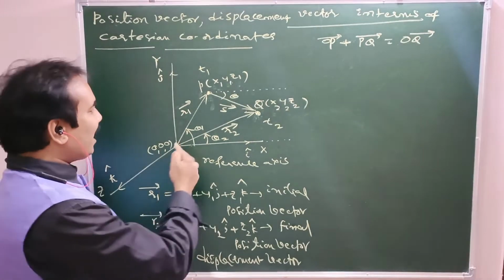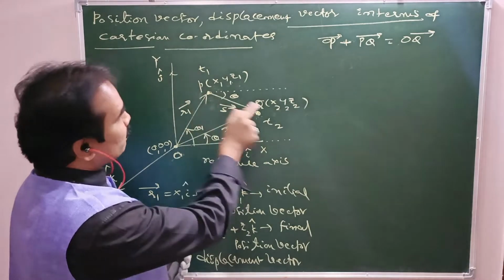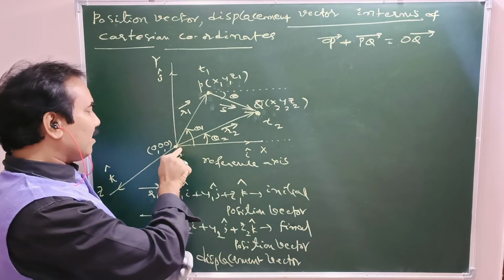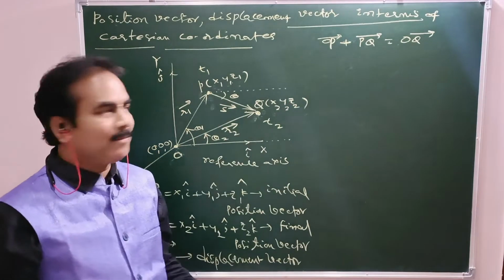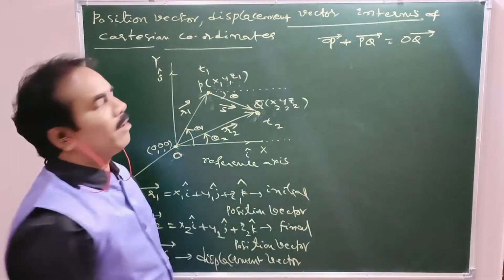Here the particle has taken the path OP plus PQ and finally reached Q. If it takes the path directly from O to Q, it can also reach Q. That is the reason why in vector notation OP bar plus PQ bar equals OQ bar.